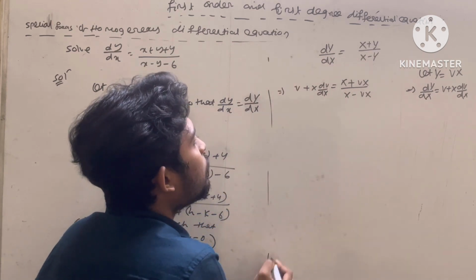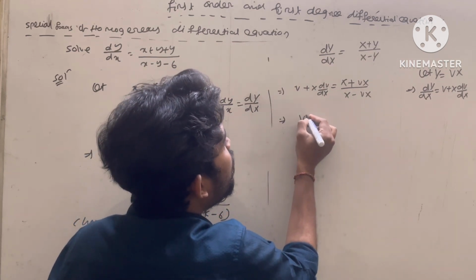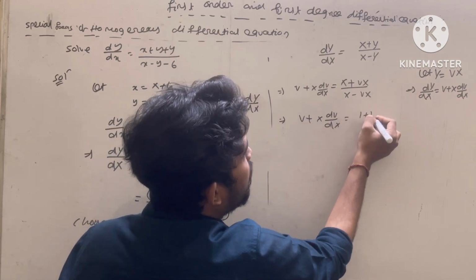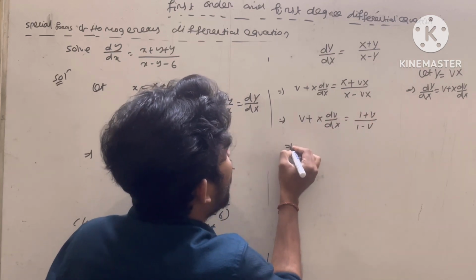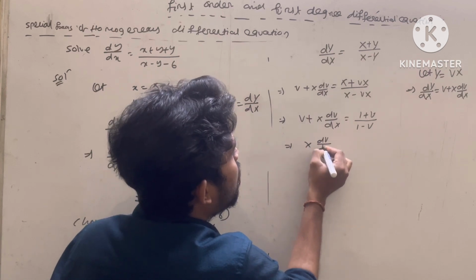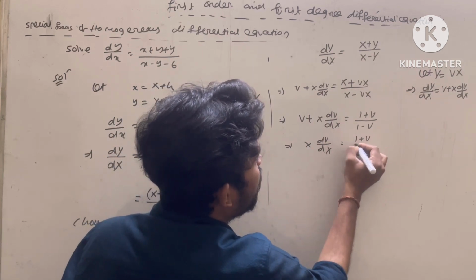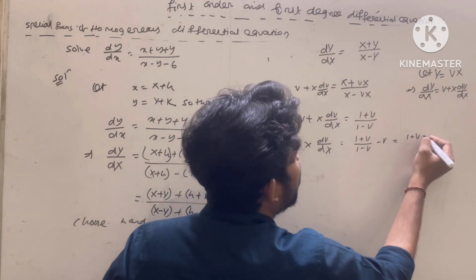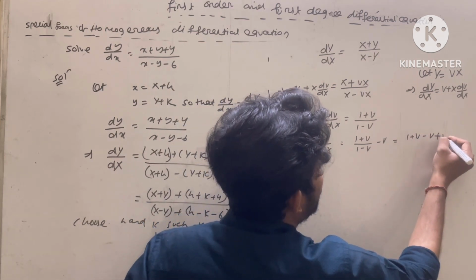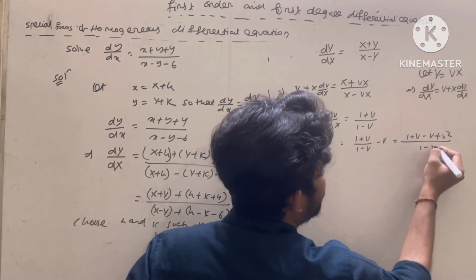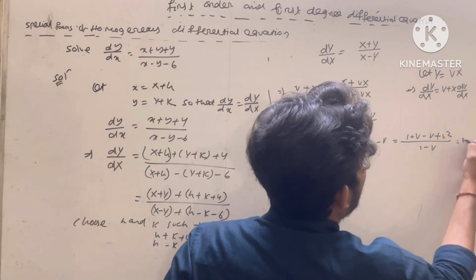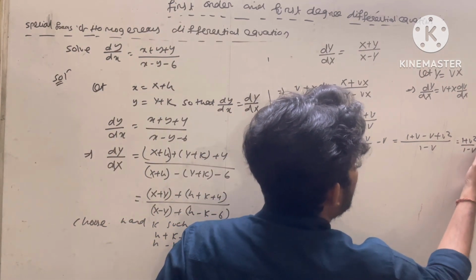Okay, so this becomes V plus X dV by dX equals (1 plus V) by (1 minus V), and X dV by dX is what? This is (1 plus V) by (1 minus V) minus V, and it becomes (1 plus V minus V plus V square) divided by (1 minus V). It becomes (1 plus V square) by (1 minus V).